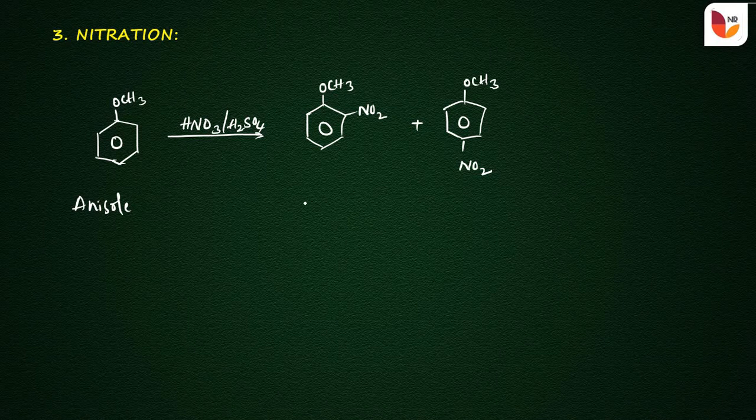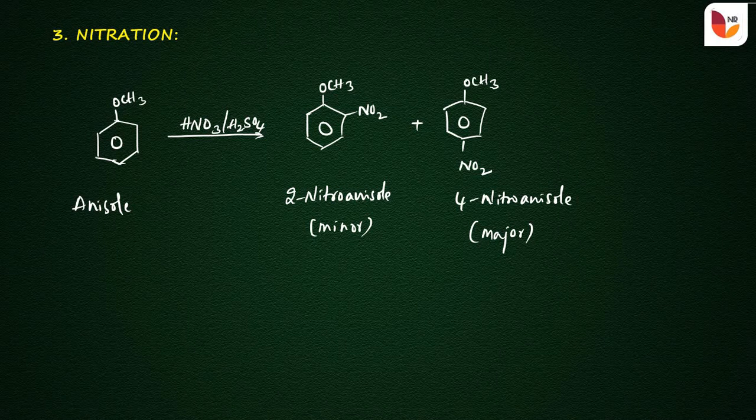So it is called 2-nitroanisole, and it is called 4-nitroanisole. And here also the major product is the para product and the other is the minor product.